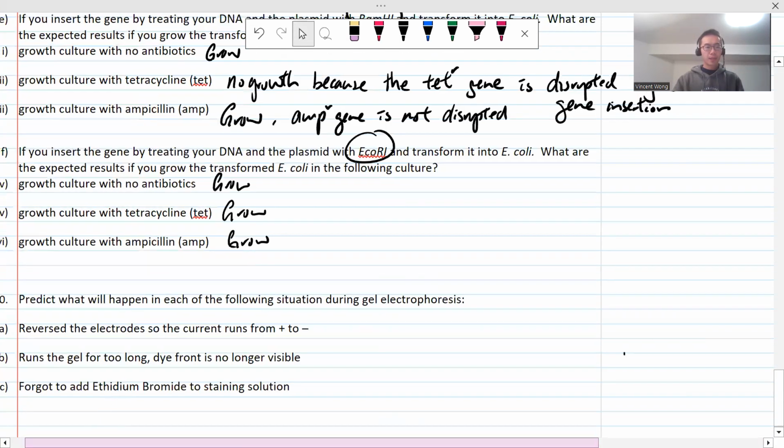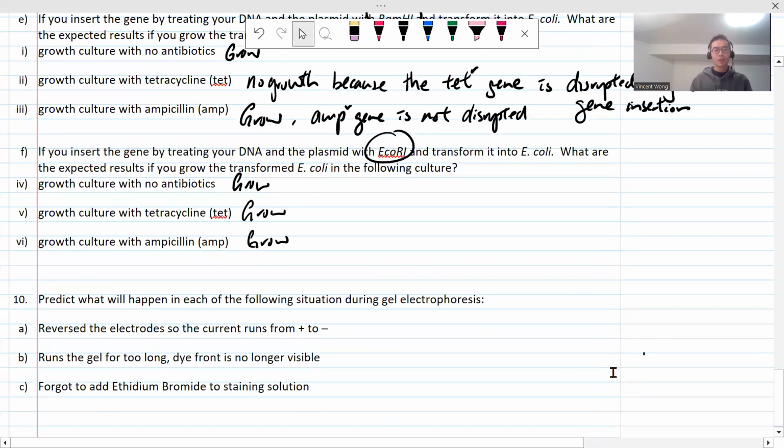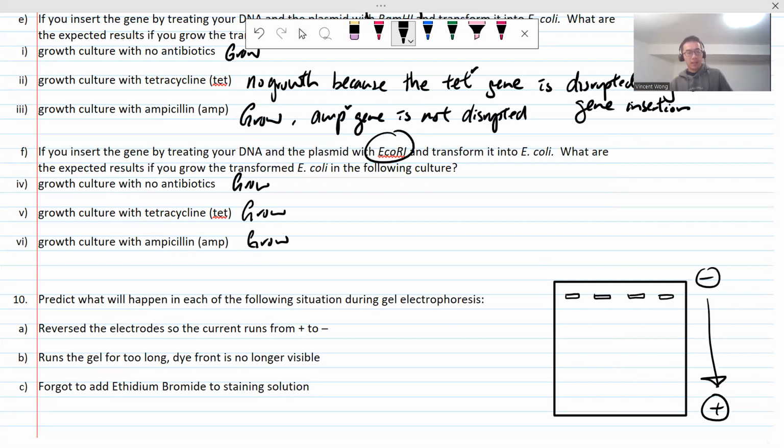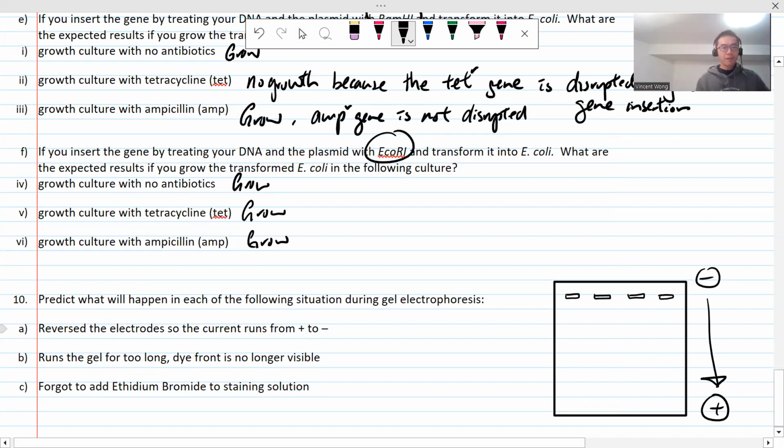Okay, last question. Predict what will happen in each of the following situations during gel electrophoresis. So this is your gel. And we're going to have wells again. This is negative. This is positive. DNA is supposed to go this way, right? Predict what will happen if we reversed the electrode, so the current runs from positive to negative.